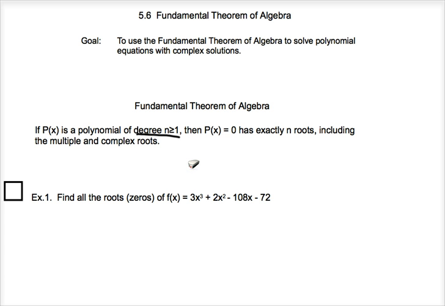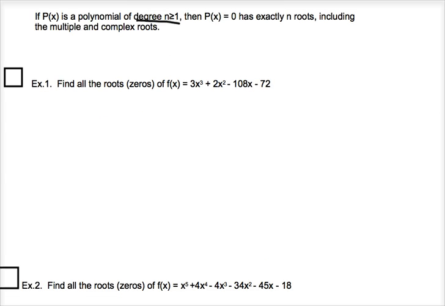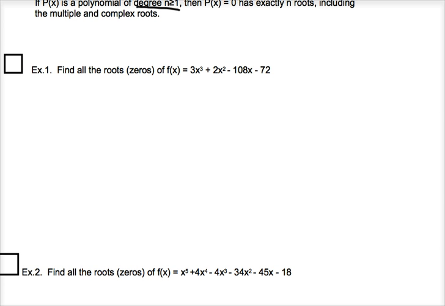All right. So how are we going to do this problem? Well, a couple ways. You can actually group this problem, and if I don't tell you you can't group, feel free to group. So if you see that you could take an x squared out and make it 3x plus 2, and then realize that you have to take a negative 36 out of these two to get 3x plus 2, you're going to be in business.